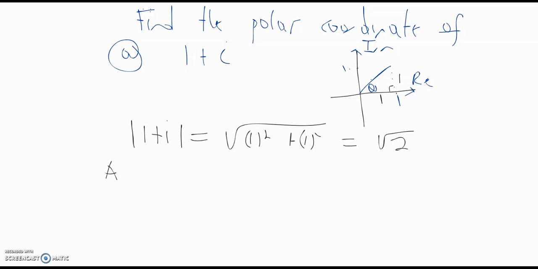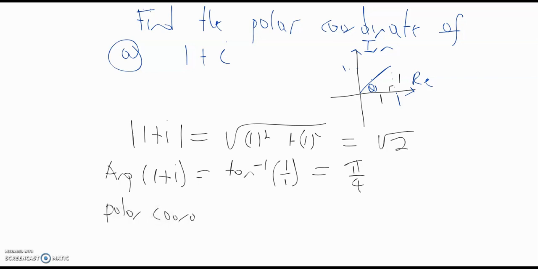The argument of 1 plus i is equal to tan inverse the imaginary part over the real part, so that's 1 over 1, which in this case is going to give me pi over 4. So my polar coordinate would be root 2 and pi over 4.